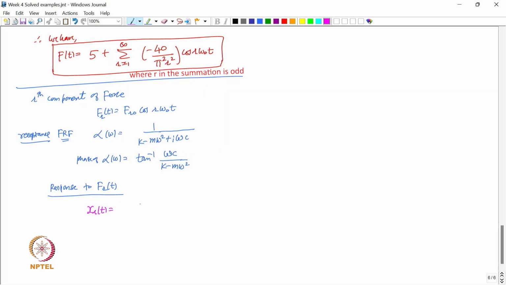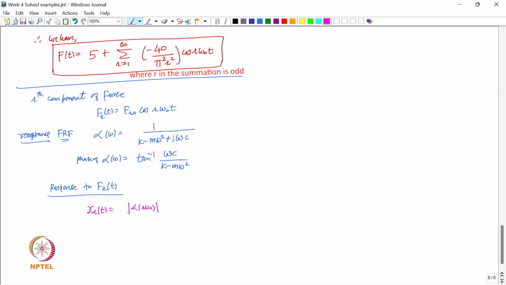x_r(t) is equal to the magnitude of the frequency response function at that frequency, multiplied by the magnitude of the forcing function amplitude F_r0, because the frequency here of the force is r omega naught.